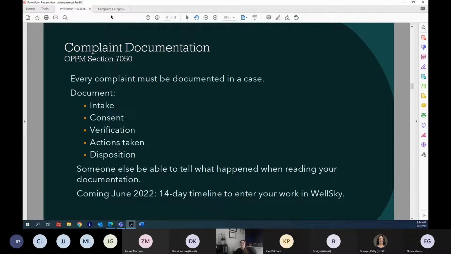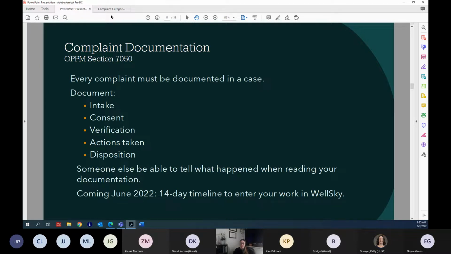For staff ombudsmen, so for volunteers, this isn't changing, but for staff ombudsmen, our current draft of the Ombudsman Policies and Procedures Manual that's out for review right now, and we're confident that it's going to stay this way, we are going to be changing it so that there's a 14-day deadline for staff ombudsmen to enter their work in WellSky. So, hopefully this won't be too much of a change for many of you.